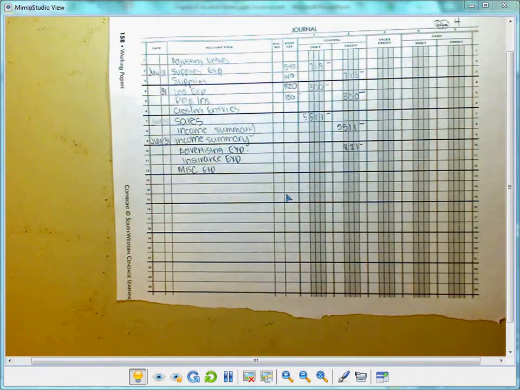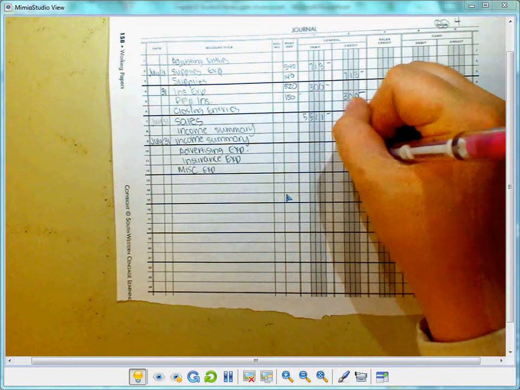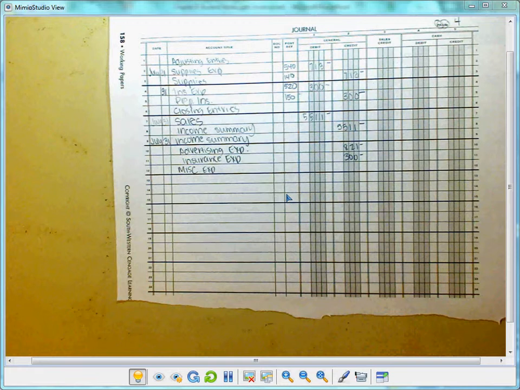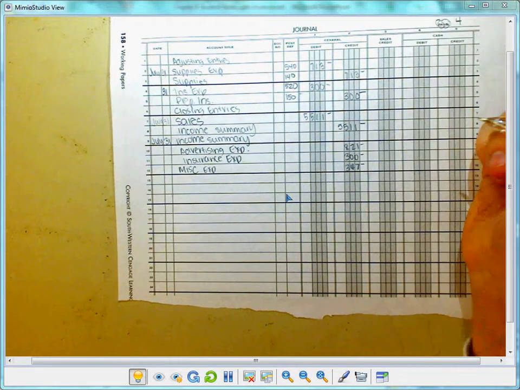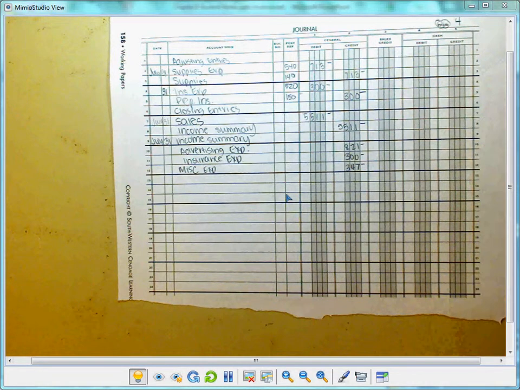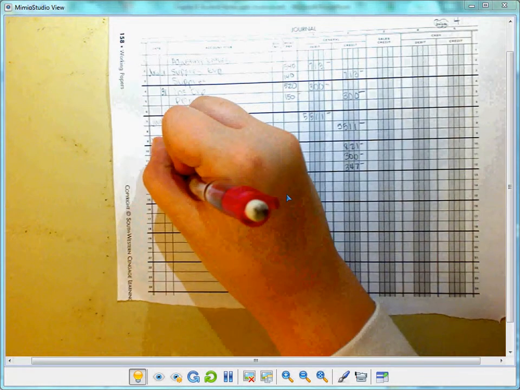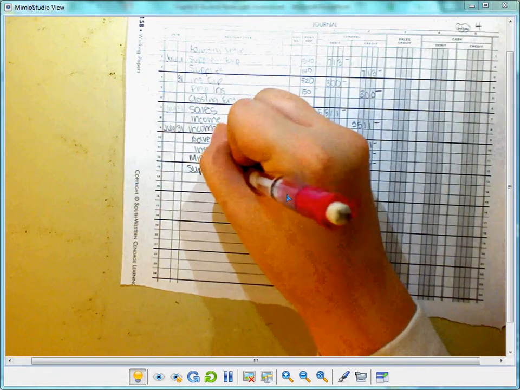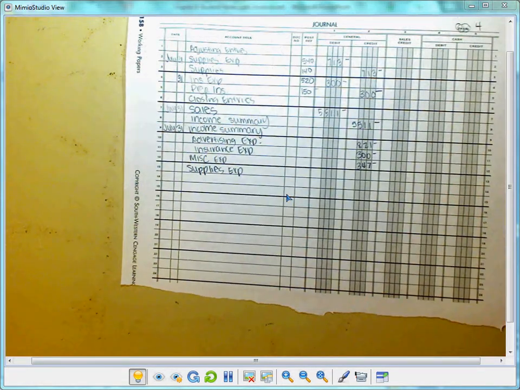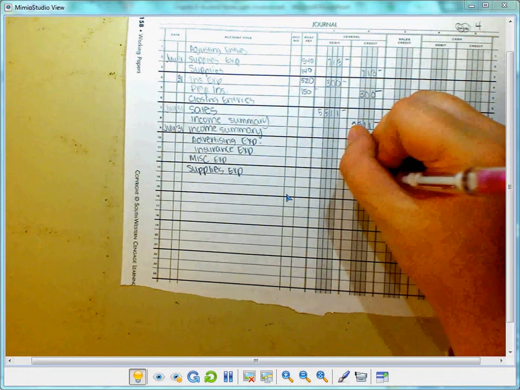Okay, now you know. $300. Then we have miscellaneous expense. And it is $347. And our last one is supplies expense. It is a credit of $713.